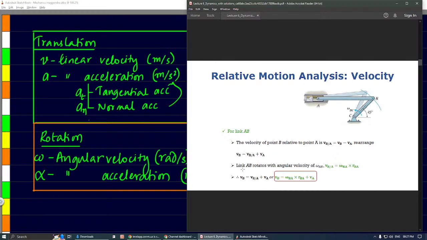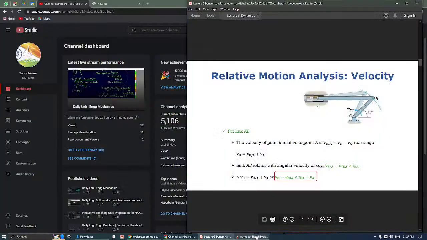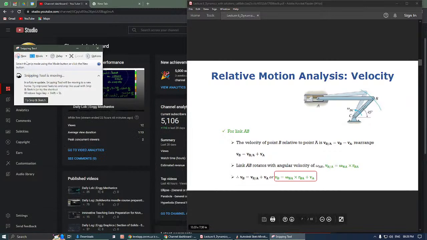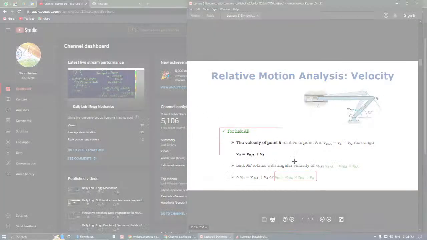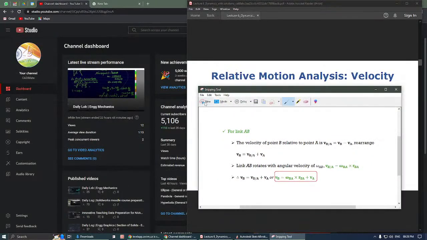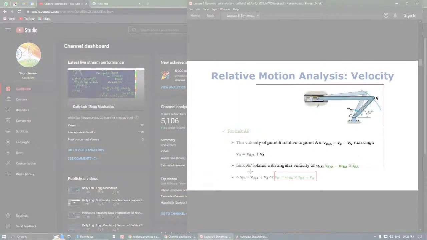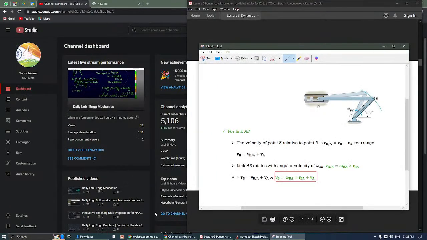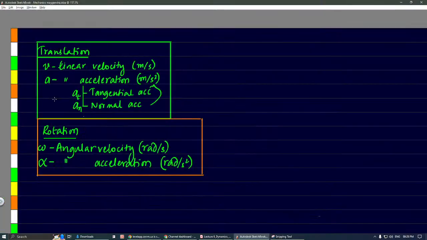So velocity of B with respect to A. Let me take a snip of this, along with the diagram.